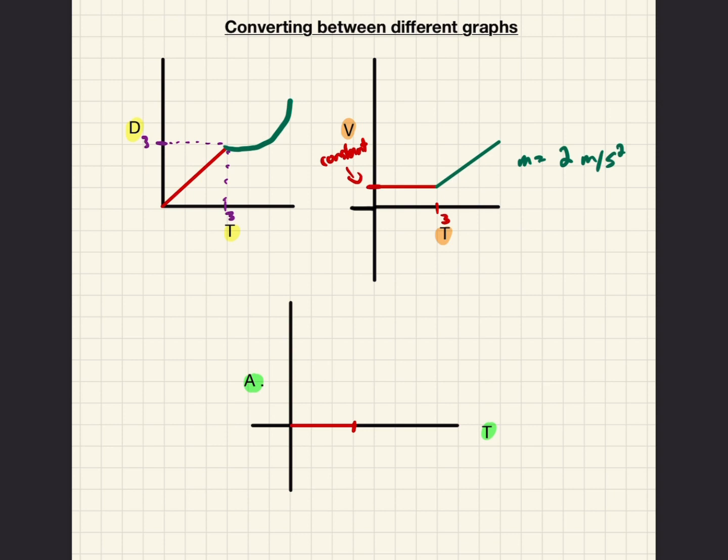Well, then what you would do is go to the 2 where the acceleration graph is, and for that same time of about 3 seconds, you draw a straight line at the 2, indicating constant acceleration. So we're going to write constant, and we're going to write positive acceleration.